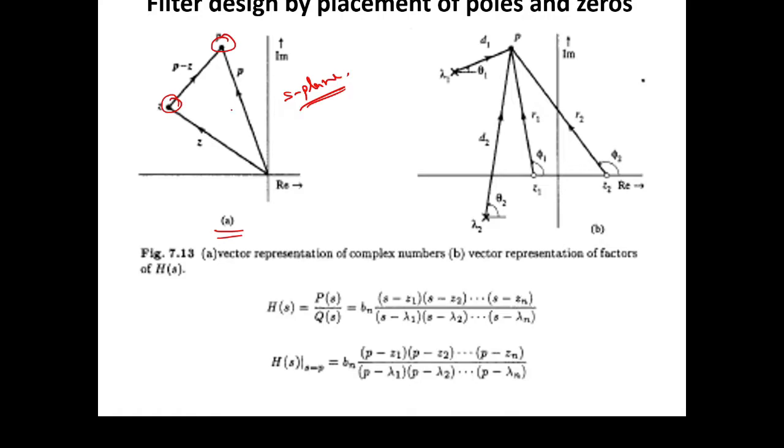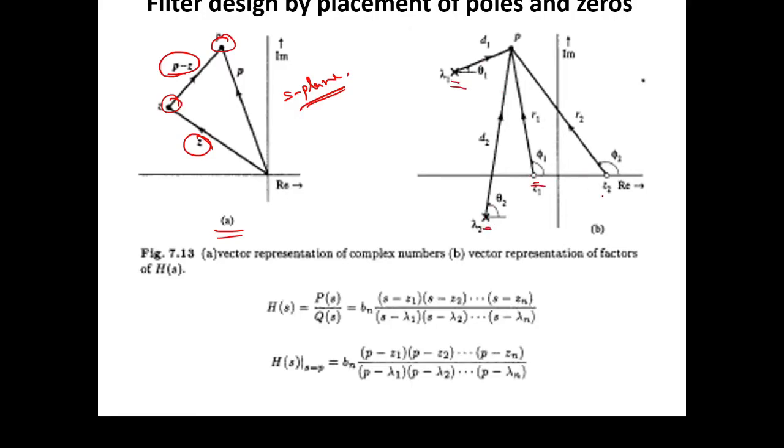The vector is represented by the 2 vectors Z and P, and this is given by P minus Z, right?